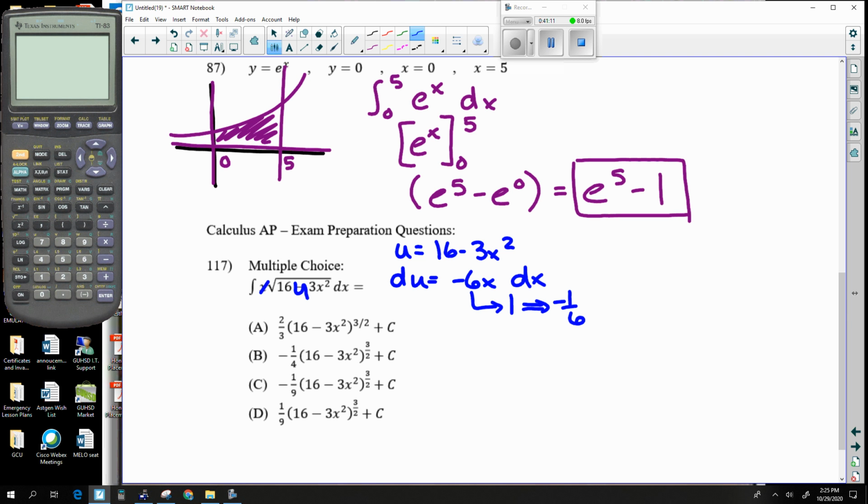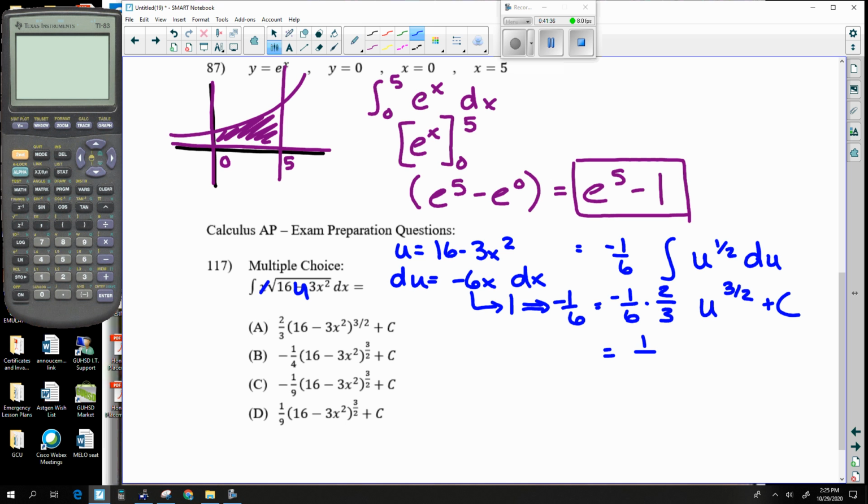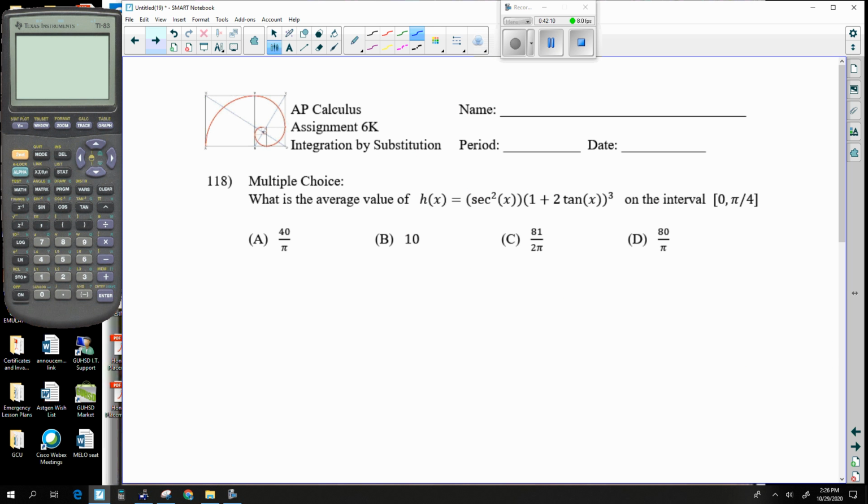All it requires is a negative 1/6. Average value, easy peasy.